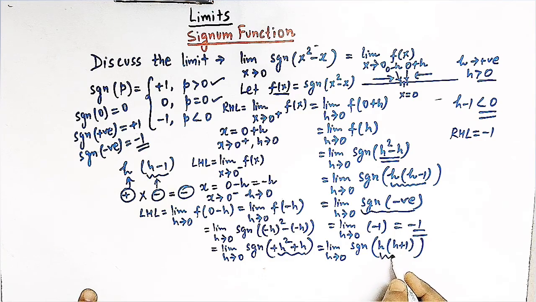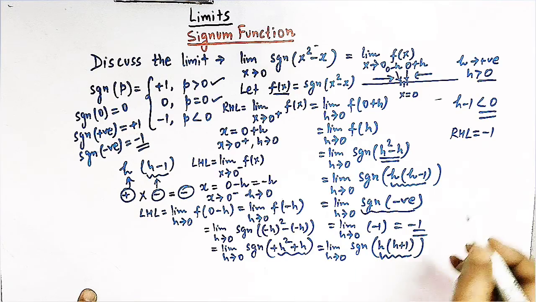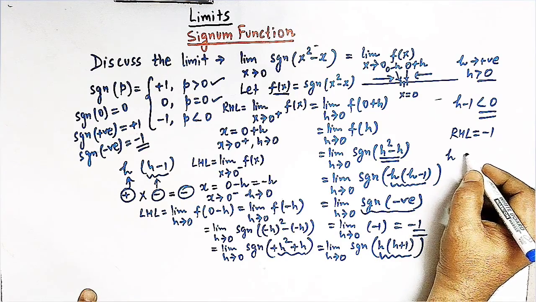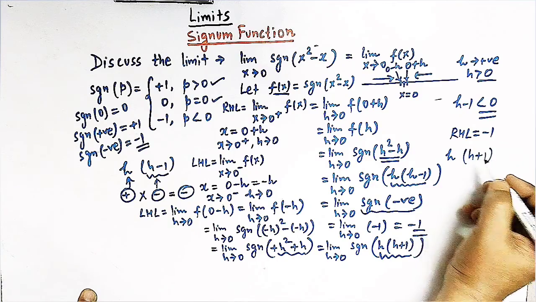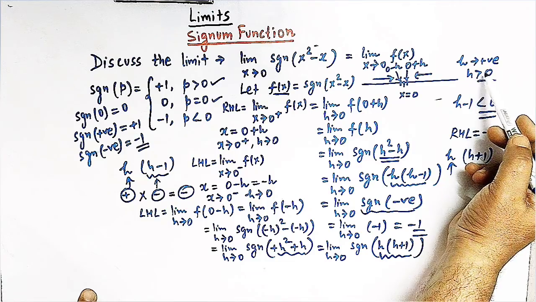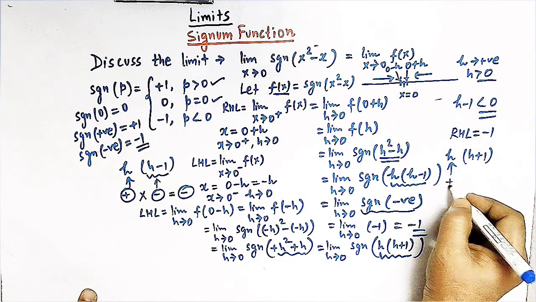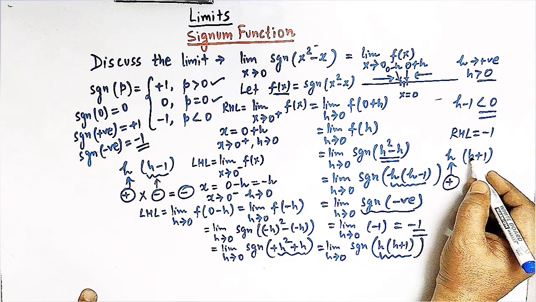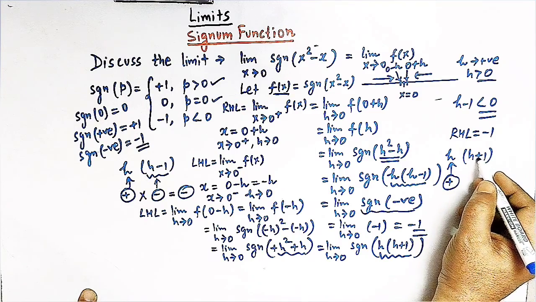So now let us consider this expression h times h plus 1. So here we have h and here we have h plus 1. Now h is infinitesimally very small, but it is a positive quantity. So here h is positive. Now h is positive and here we have plus 1.